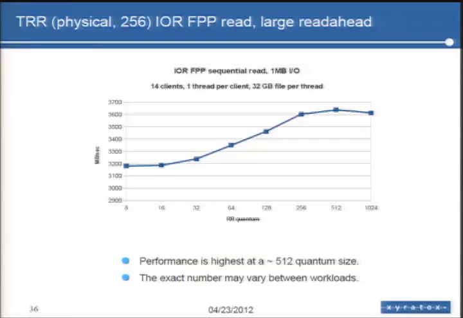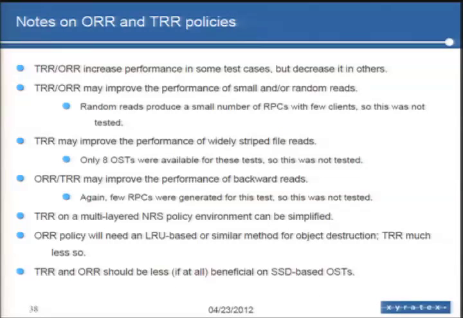This is another slide that shows us that the performance for TRR has topped at the 512 RR quantum number, and this is probably something that will vary with workloads. But again, it's early days in the project to say anything with definite sureness.